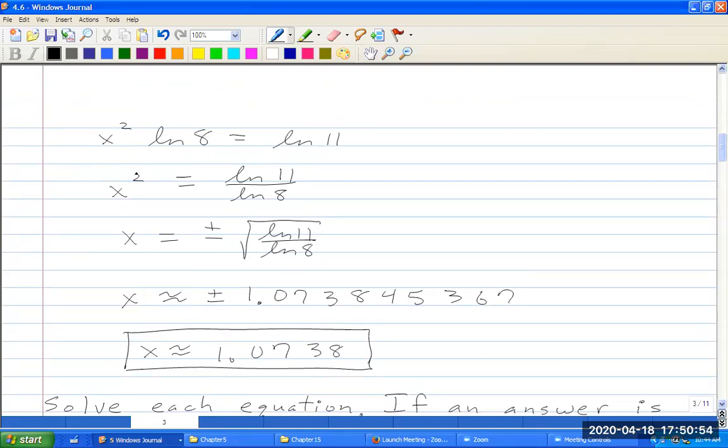Oh, that was purely a typo. Thank you. It was plus or minus. That's a horrible typo on my part. It's plus or minus, yes, because it's a square root property. So it could be plus or minus 1.0738. Sorry about that.